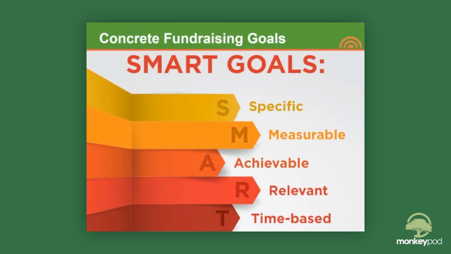We want to make sure these are also measurable. These examples I just provided are pretty easy to answer the question, how much or how many? $10,000, we just track the money raised. 400 new donors, we just track the number of new donors compared to the previous year. Raised 20% more in total donations, again, tracking the money raised.